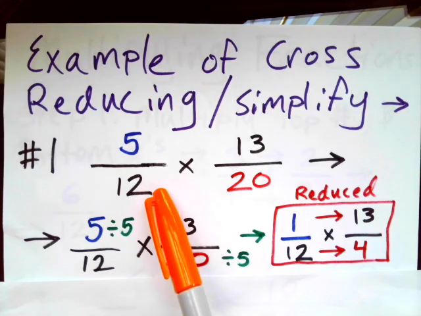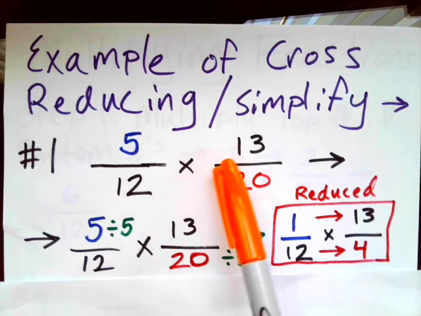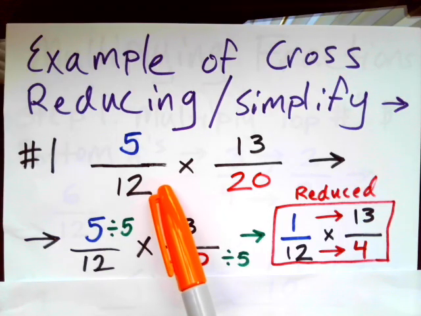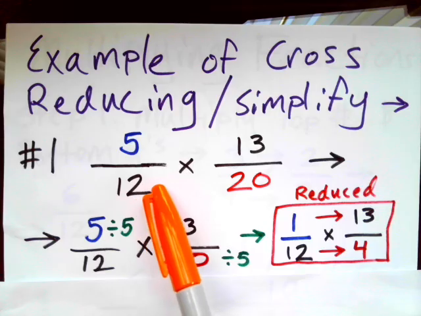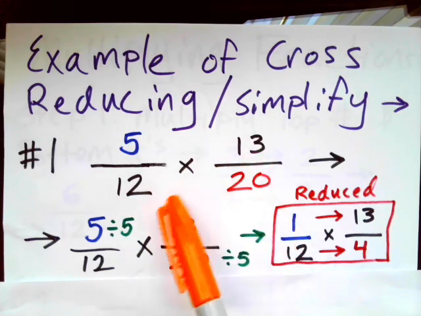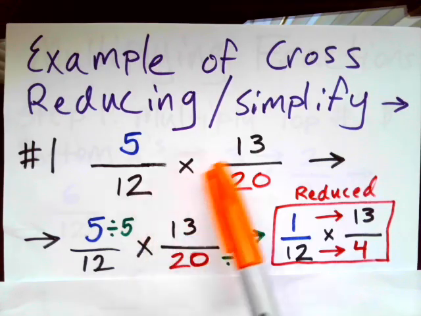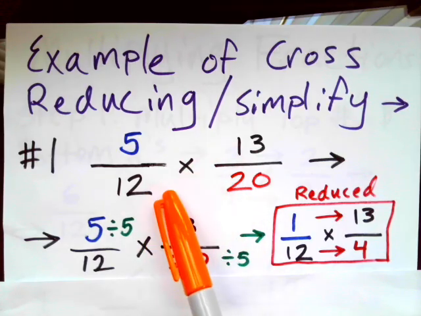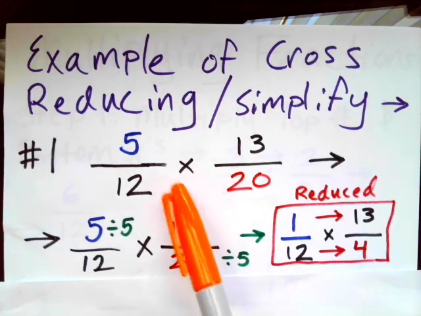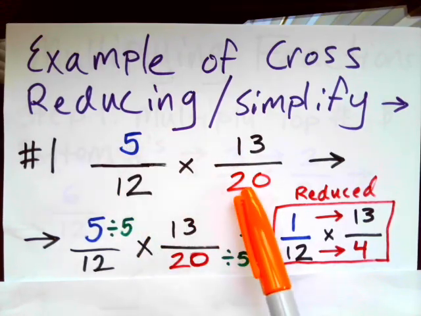The same number can be divided into both of these terms with no remainder, other than 1. I can divide 1 into 12 and 13. That's the only number they share that would divide equally without a remainder into both of these terms. Now I'm going to look at the 5 and the 20.